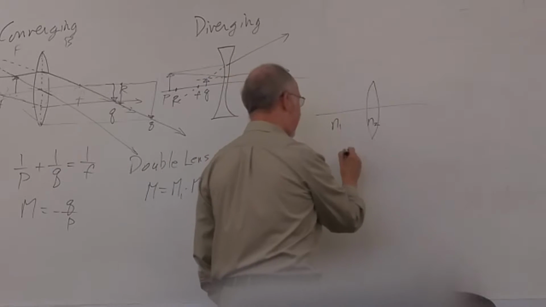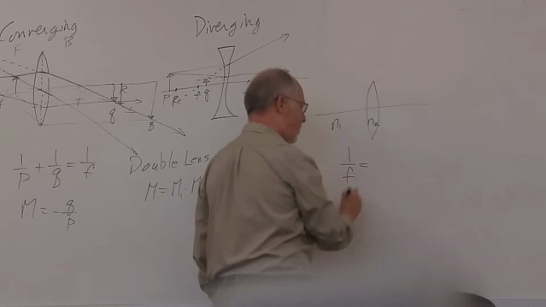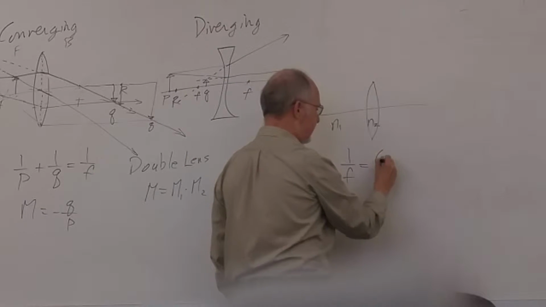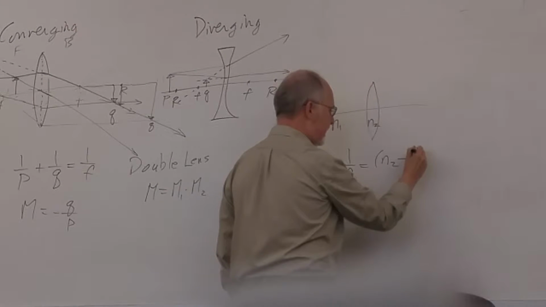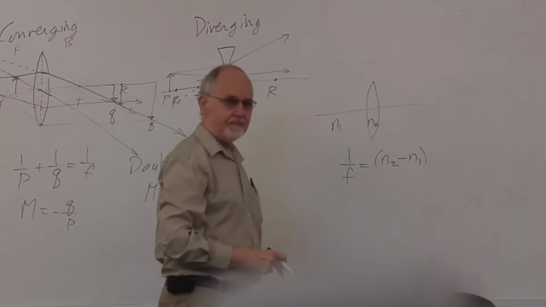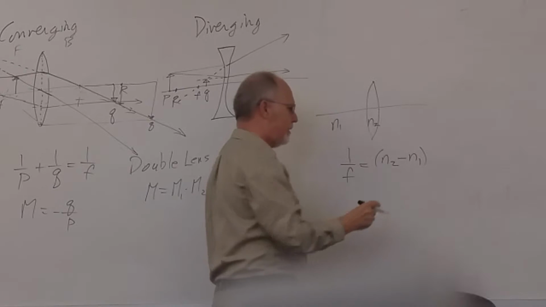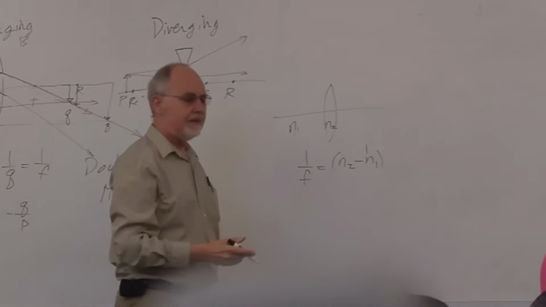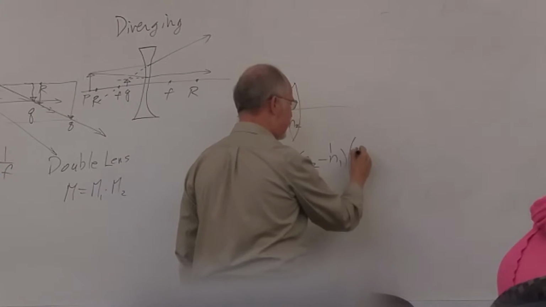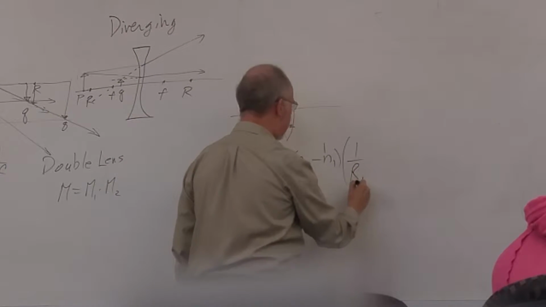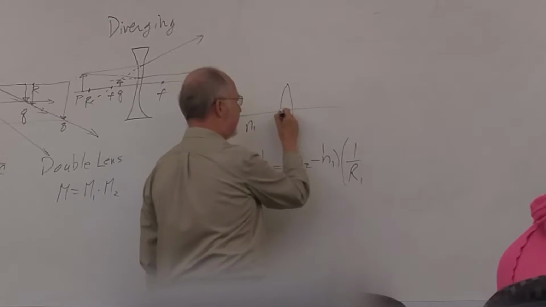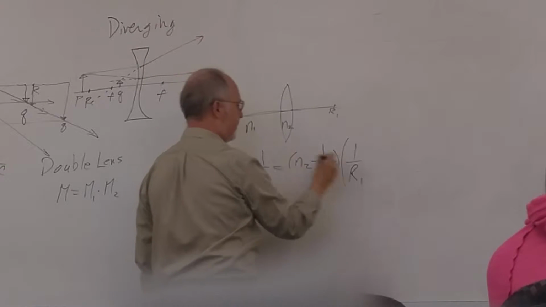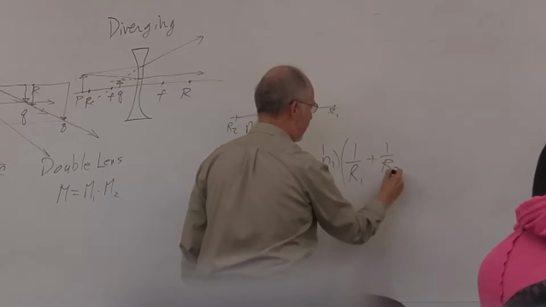But the focal length of that lens, so 1 over the focal length of the lens, would be the index of the lens minus the index of the surroundings. Again, in your book, you just list that as 1, so it's effectively saying it's air. And then you've got times 1 over the radius of curvature of the first surface, R1 for this surface, R2 for that surface, and then plus 1 over the R2.